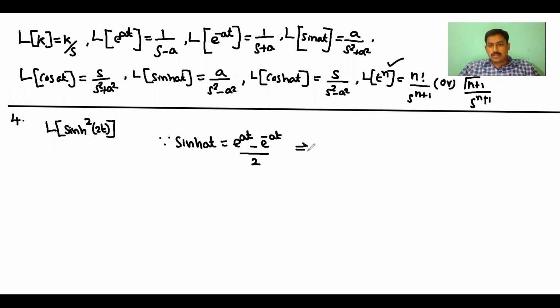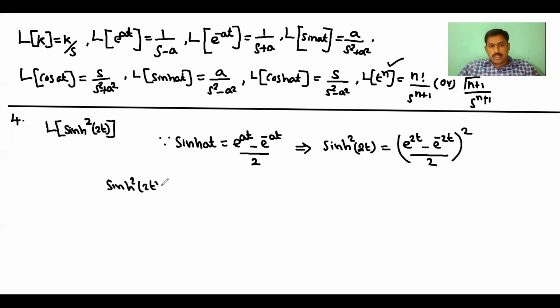So using this, I'm going to write sinh square 2t as e power 2t minus e power minus 2t divided by 2, the whole square. Now we can write this as 1 by 4, since 2 square is 4, which I have taken out.